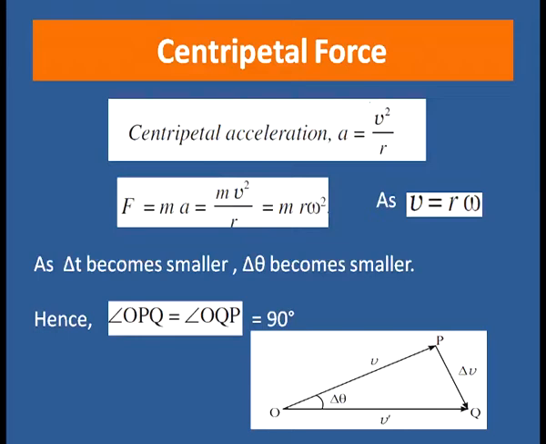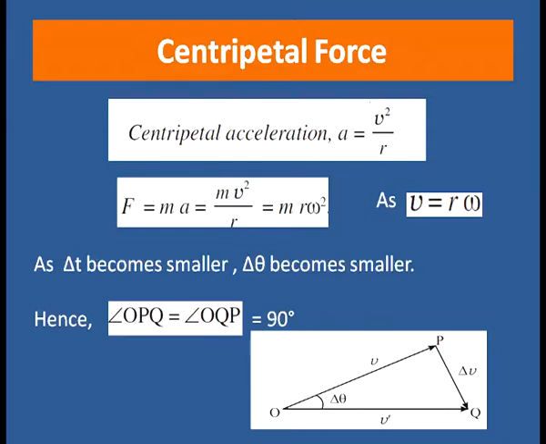As we now have the expression for acceleration, we can find the expression for force. From Newton's second law, force equals mass into acceleration. Now put the value of acceleration: m into v square by r, which is equal to m r omega square, because v equals r omega, v square equals r square omega square, and r and r cancel out.